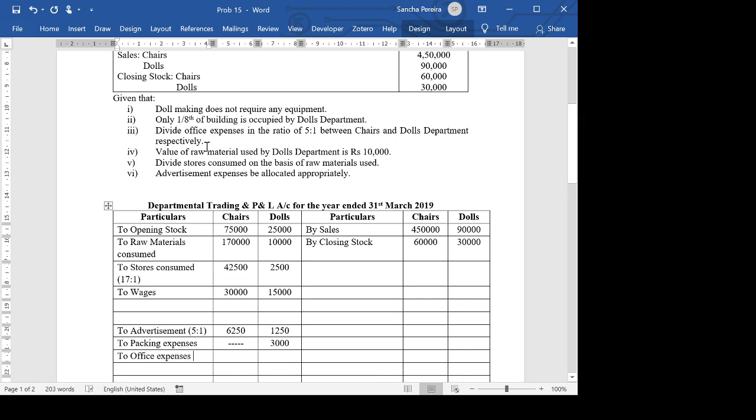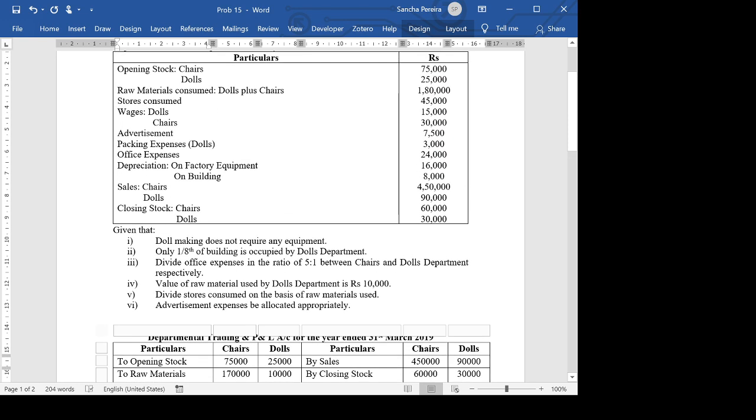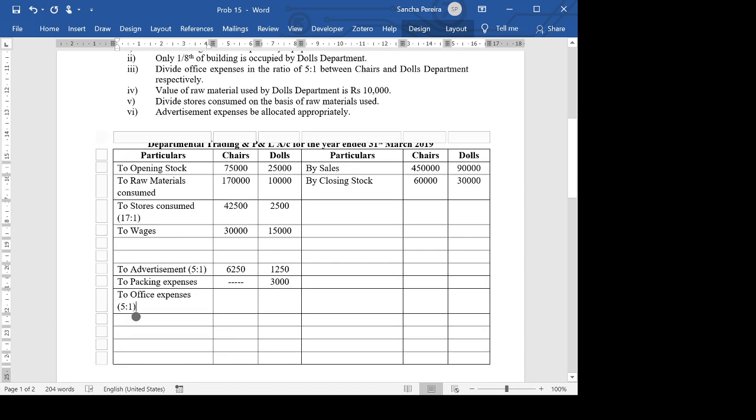Office expenses are in the ratio of 5 is to 1. Now please remember, I have not taken office expenses based on sales. It's just a coincidence that the sales ratio and the office expenses ratio happen to be the same. Office expenses is specifically given. So that would become 24,000, again divided in the ratio of 5 is to 1, which comes to 20,000 and 4,000.